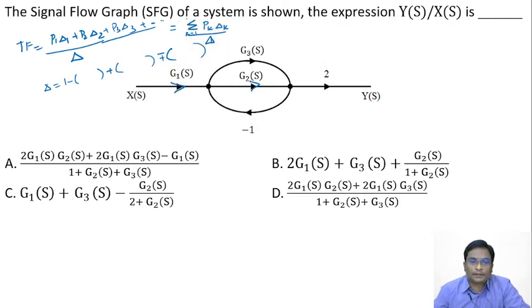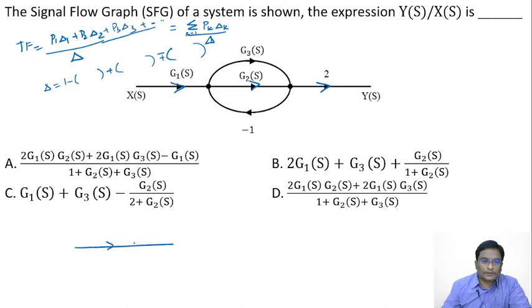This is one. Directly we can go to Y(s) from X(s) like this. Another forward path is like this. There are two forward paths. This is G1(s), this is G2(s), and this is 2.